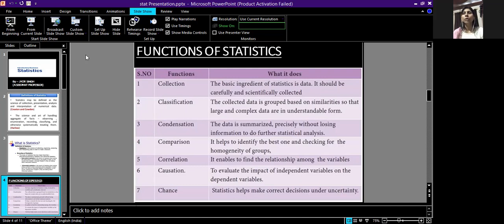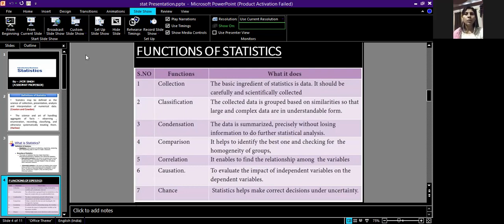So we have to find the relevant information that is needed for analysis. We start shortlisting, or summarizing, the data. We take out the best from the information we have, whatever is needed for further analysis. This is what we do after classification of data: the condensation, that is, the summarization of the data.